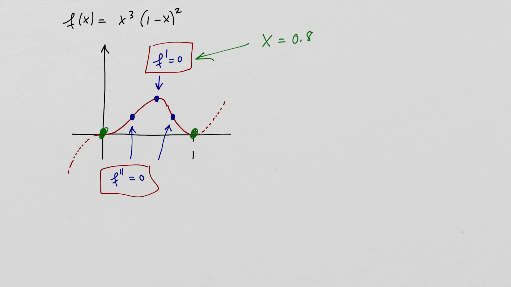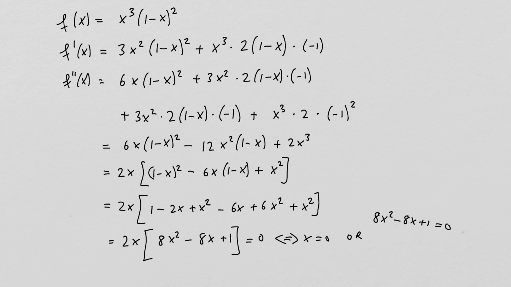Next question. What is the second derivative and when is the second derivative 0? Here's our function and here is the first derivative, what we just calculated. We would need to calculate the second derivative. The first term of the first derivative will give by the product rule these two terms.